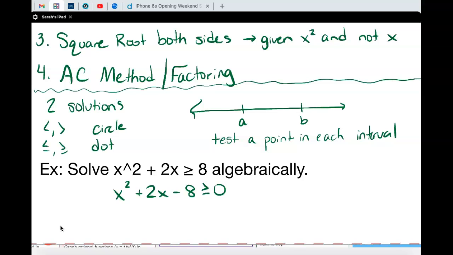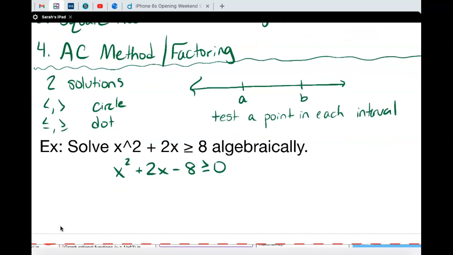If I was doing it, I would probably first check to see if I could factor it. If I can't factor it, quadratic formula. That's probably the 2 steps I would do. If I was factoring, I have to identify the AC value and the B value. So what's A times C?